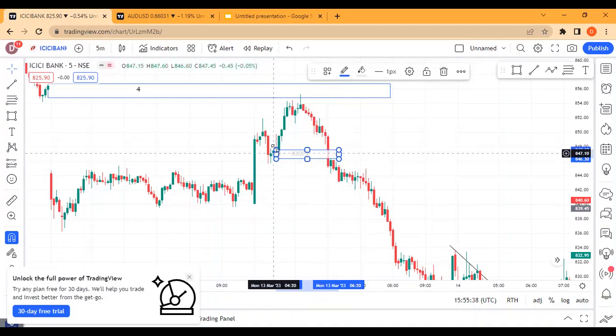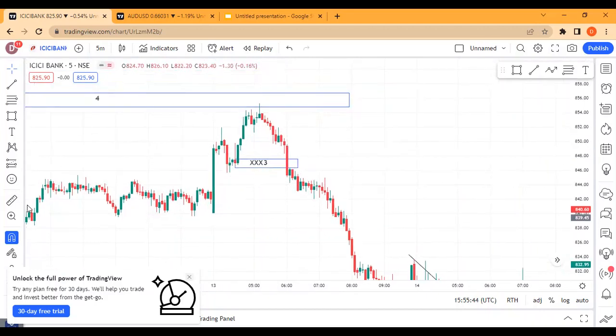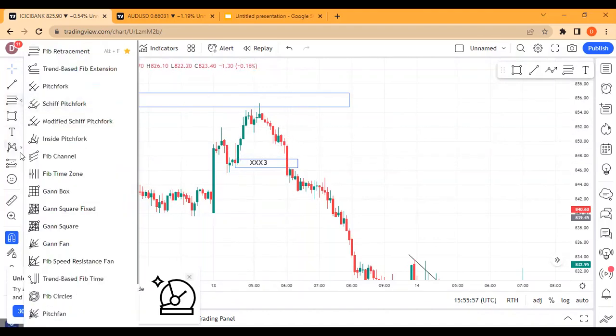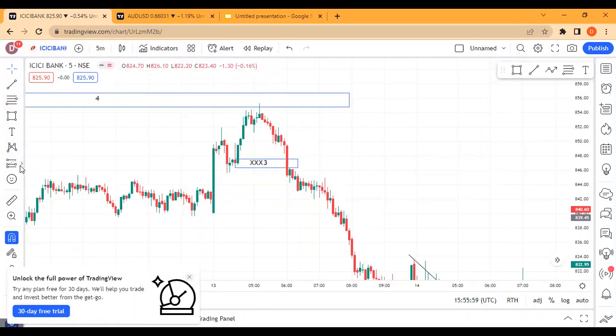This is continuous. So it breaks the structure. Then I've marked my order block. So I was expecting price to reverse and start going up. But what happened here? Price failed to do that. Why? Because you can see that when price got here, price broke the structure again. So I was expecting price to reverse, but that's how you have to be very careful when you want to enter the trade. All right.